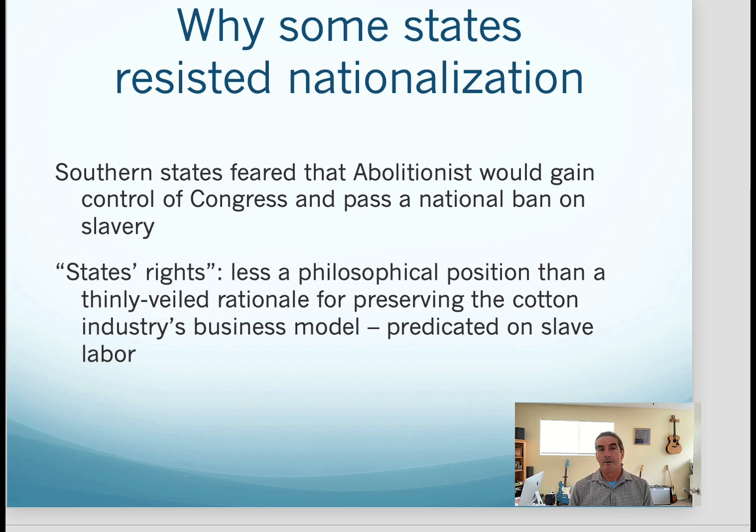So there was and has always been resistance on the part of many states, and not all of it was tied to this. Obviously, once we fought the Civil War, then invoking states' rights to protect slavery was no longer an issue. That question was decided.